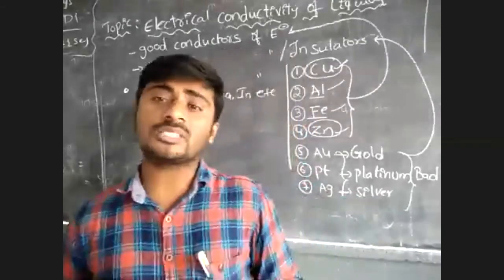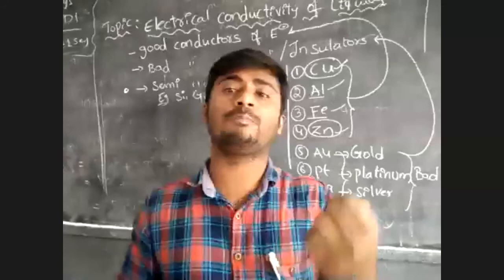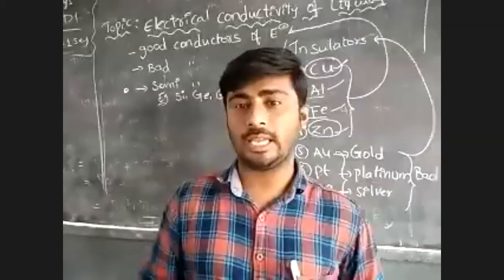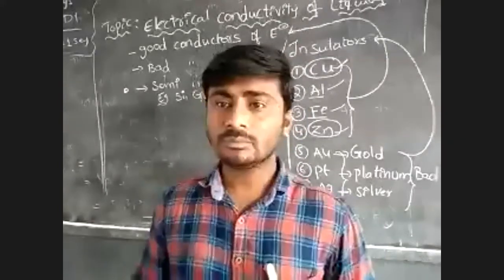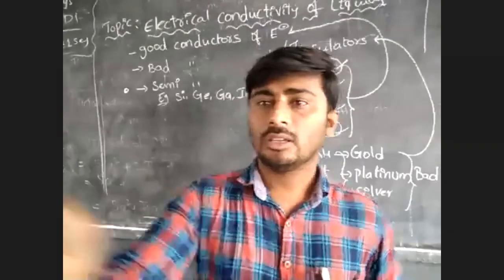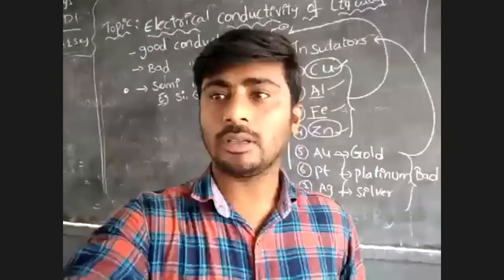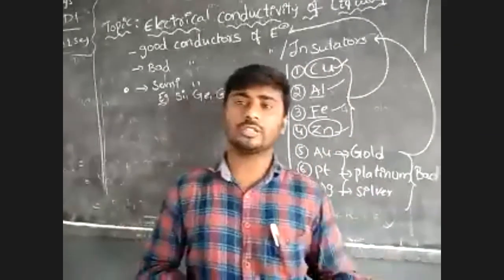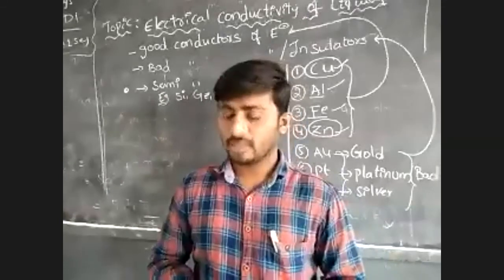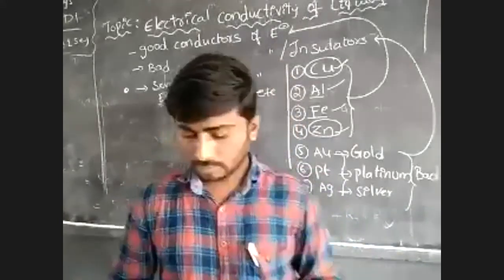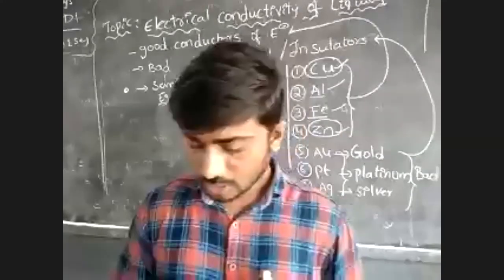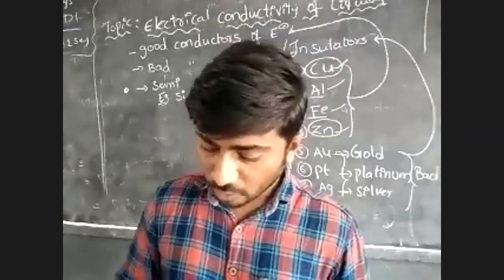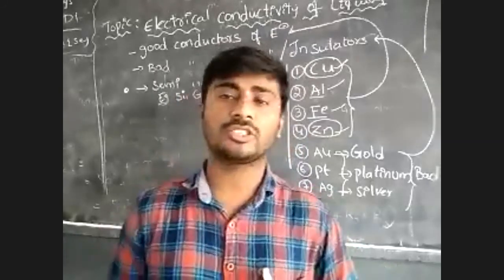The substance which allows the electric current to pass through it is called a good conductor of electricity. Is it clear, everyone? What is a conductor? What is a good conductor? And what is a bad conductor? Materials that allow the electric current to pass through them we call good conductors of electricity.